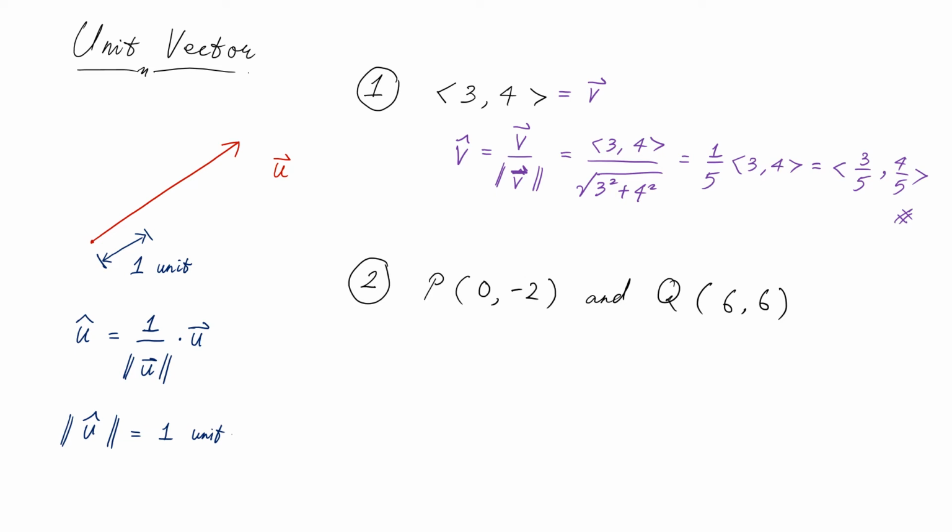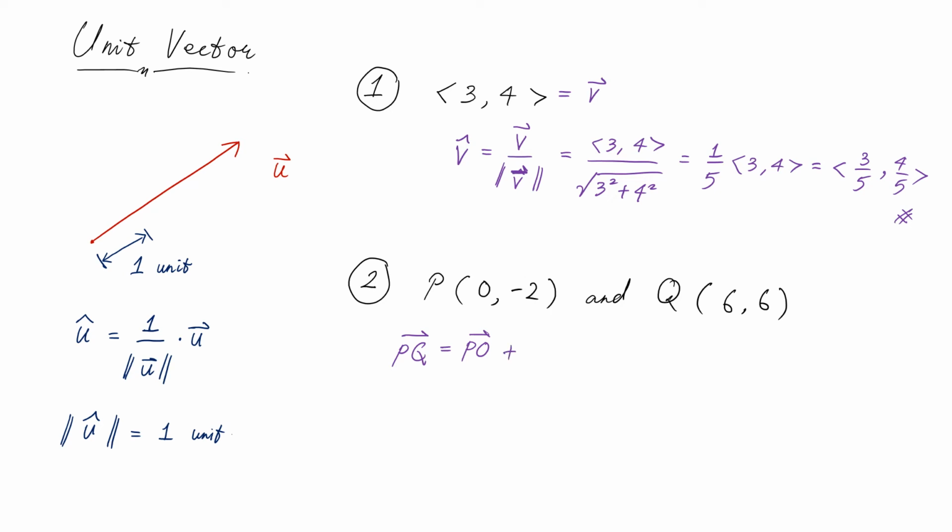Say that we are looking at the unit vector of PQ. As what we have done previously, the vector PQ is given by the position vectors of P and Q, which represent the coordinates of the points respectively.